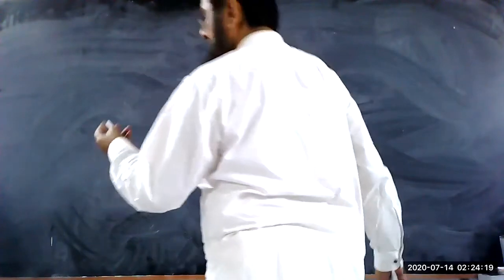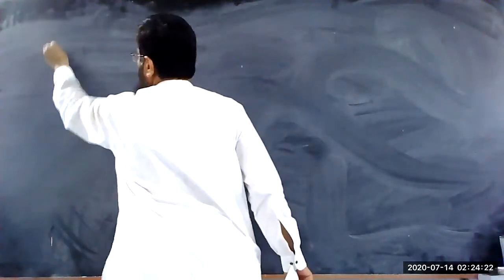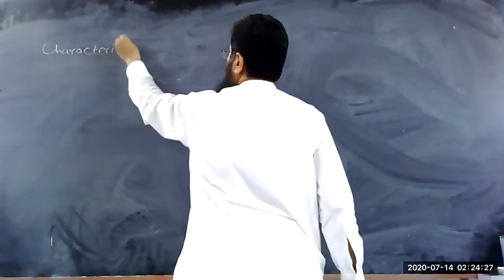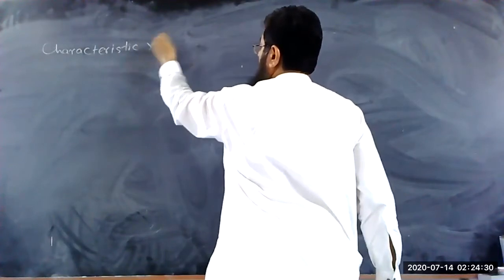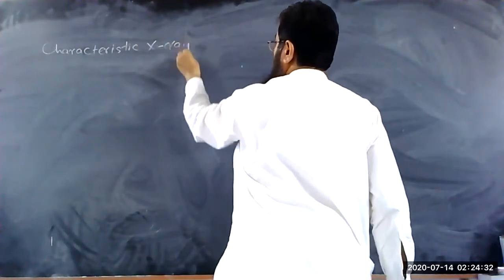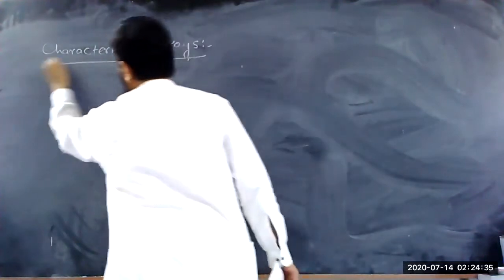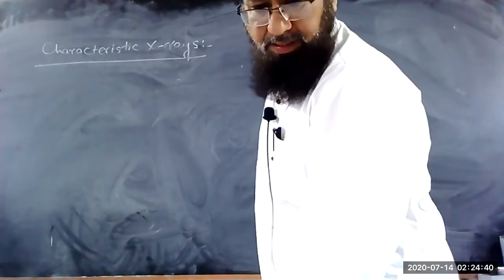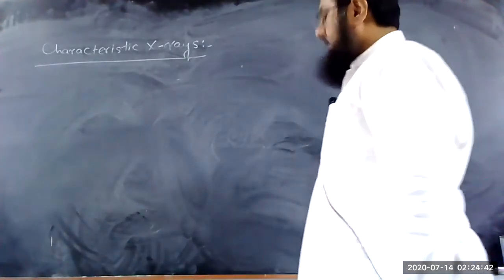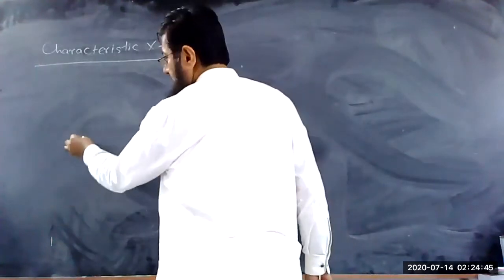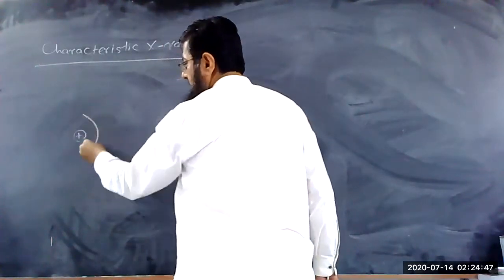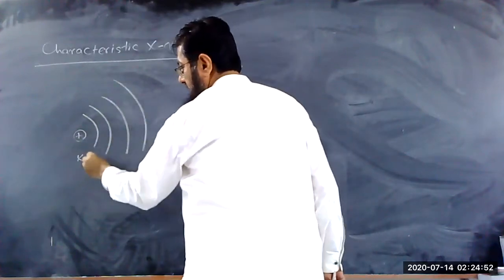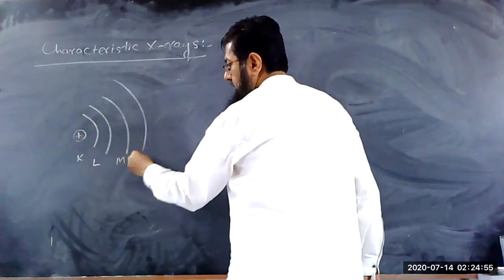So now we are discussing the characteristic X-rays. Simply, in the characteristic X-rays, this is the atom and these are the different shells which we call the K shell, L shell, M shell, N shell and so on.